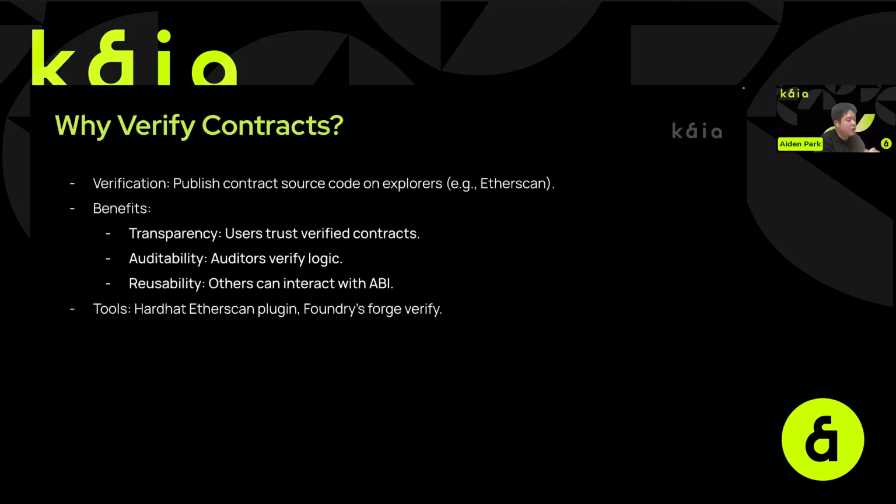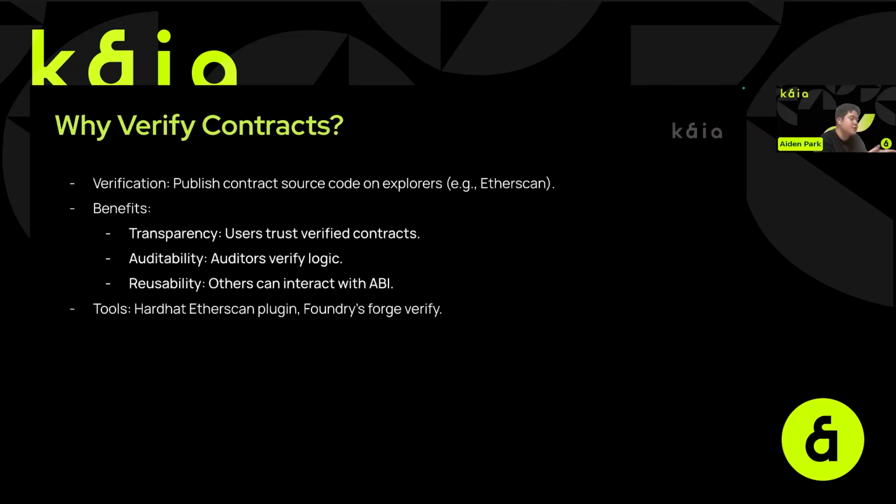And we also have other benefits like auditability. Auditors can verify the logic of contracts, so it's actually similar to transparency. Because auditors can verify the logic, everyone can trust the safety of the contracts.